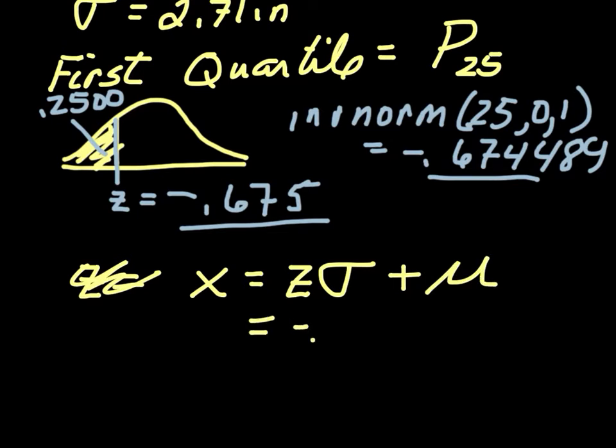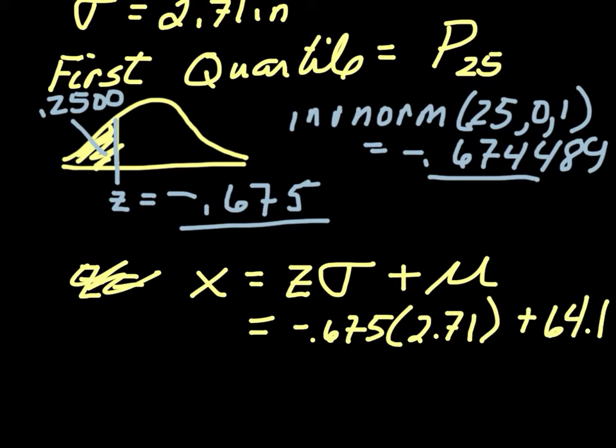So that's equal to negative 0.675 times the standard deviation, 2.71, plus the mean, 64.1. And when I calculate that out, what I end up with is 62.3 inches. So that represents the first quartile, or if you wish, the 25th percentile of the data.